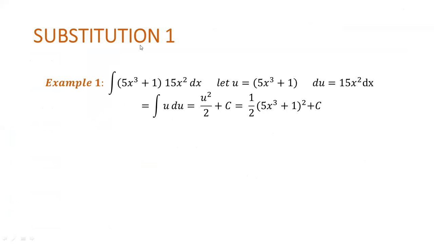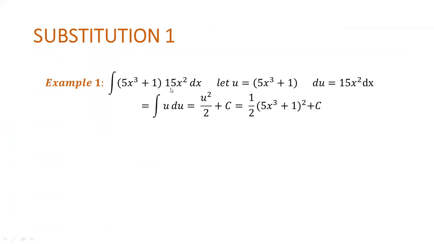So if you have, in this case, 5x cubed plus 1, then you have the 15x squared dx here. If you look very closely at 5x cubed plus 1, if you make that your u and differentiate it, that would be 15x squared.